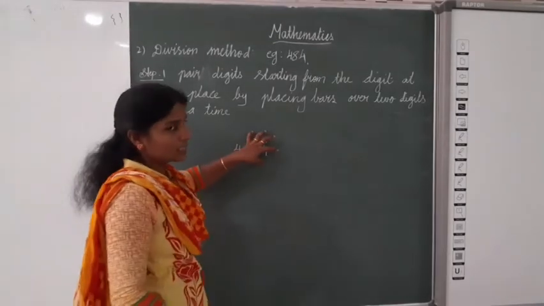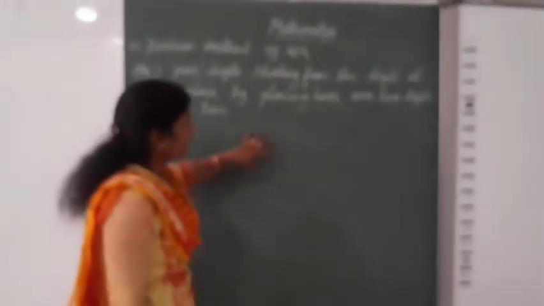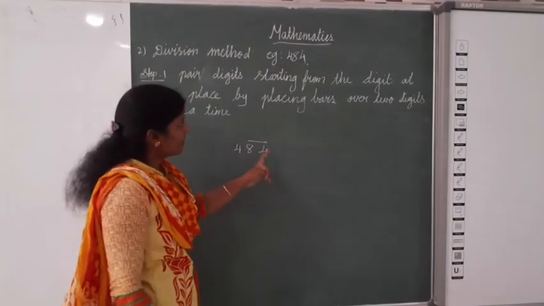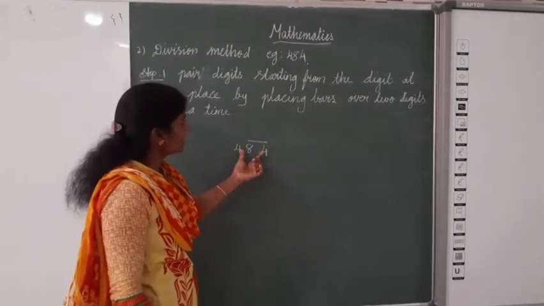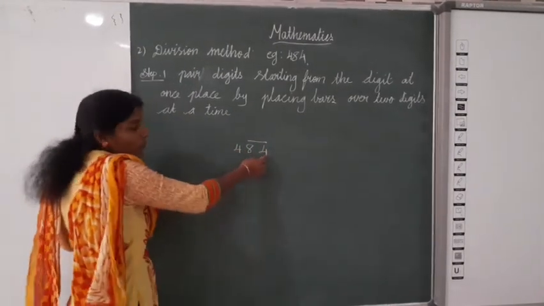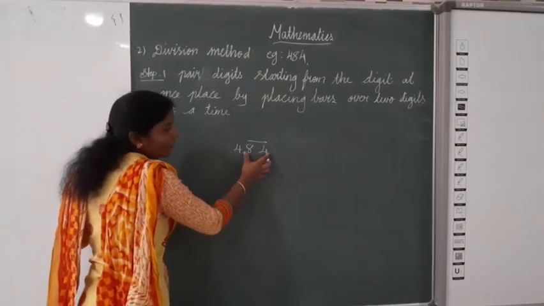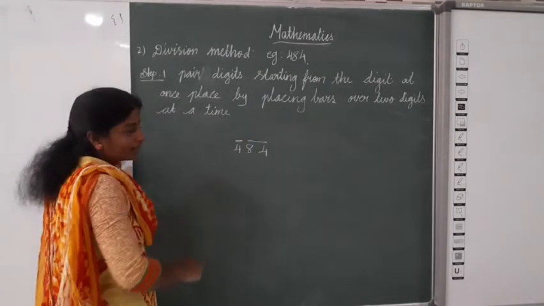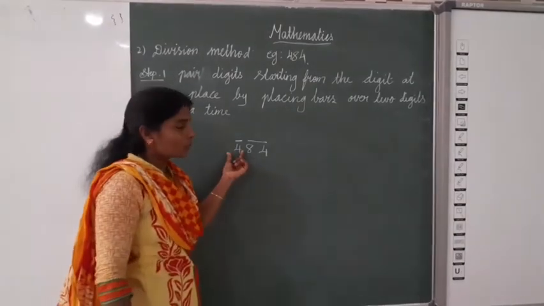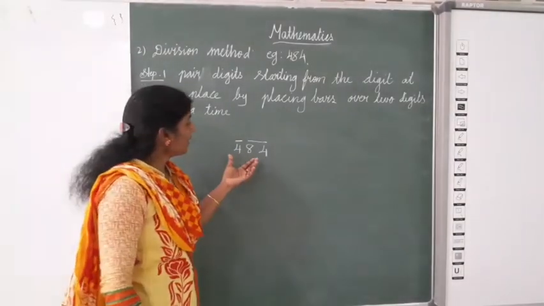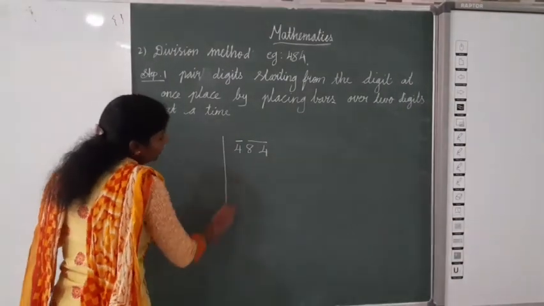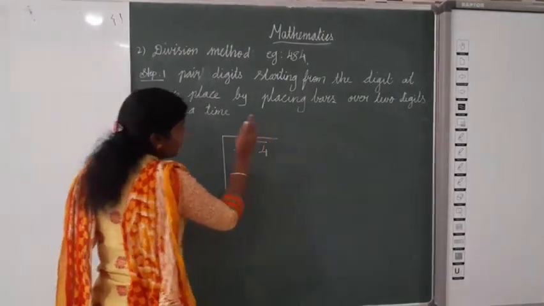Then next one is one single digit. This is one pair, this is another pair. Now we have 2 pairs, isn't it? Now using the long division method, this is the first step.